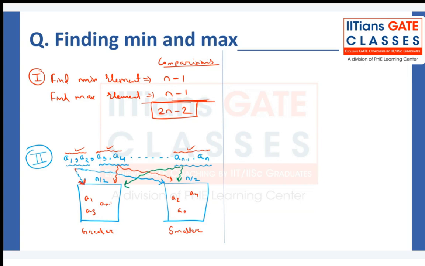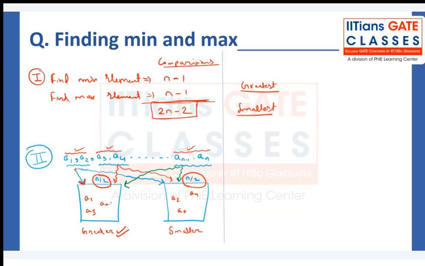So we have completed the first step of the tournament method, and we have segregated our elements. Can we not say that after this there will be n by 2 elements in the greater box and n by 2 elements in the smaller box? Whatever is the greatest element in the input, no matter which element it played a match with, it would have won.